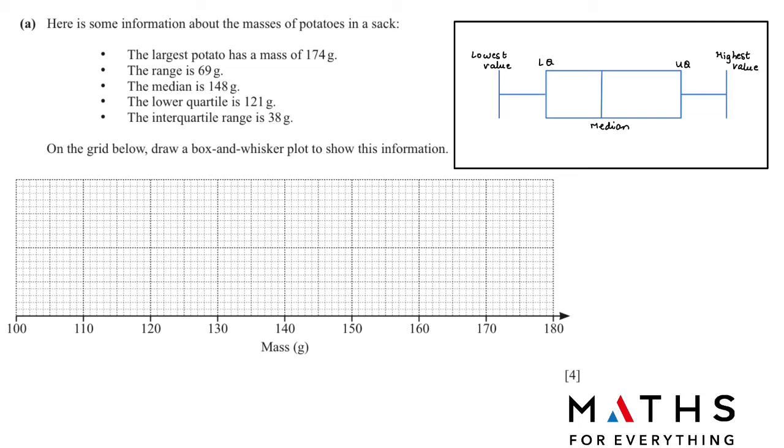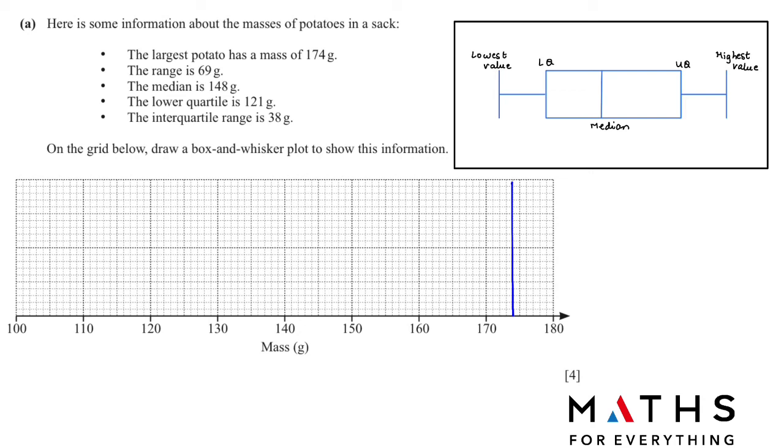So let's start drawing. Which is the largest potato? Let's see what is given to us. The largest potato is 174 gram. So 174, as you can see, is here. Let's draw a line. And then the upper quartile is 121.